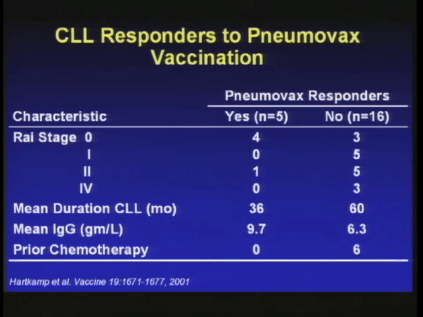So earlier is better for patients. Sooner after their initial diagnosis, if you receive a vaccine, you're more likely to get a response. And also responses are more likely in patients who have higher antibody levels and in those patients who haven't had prior chemotherapy.